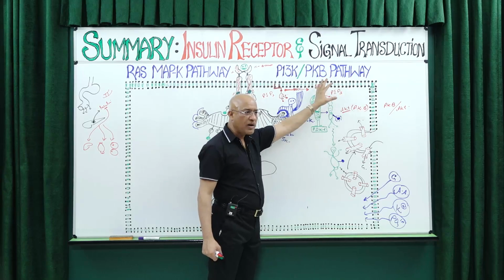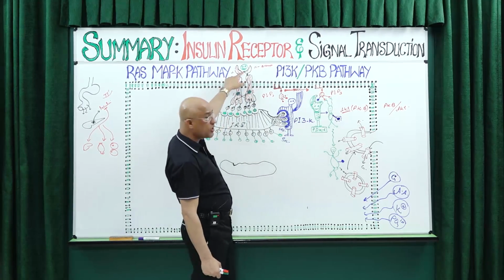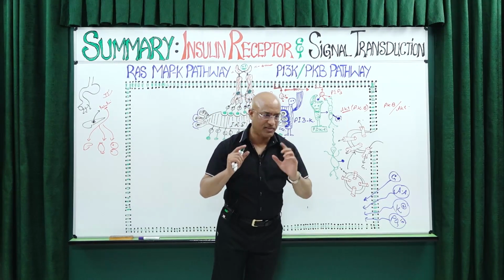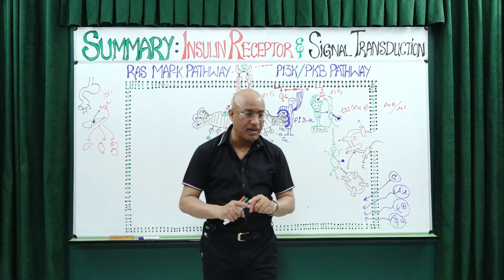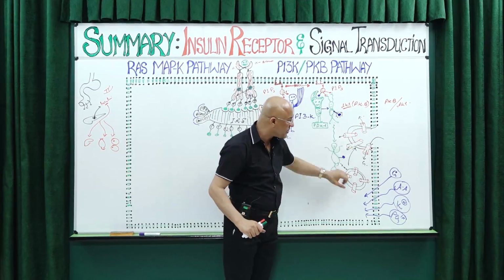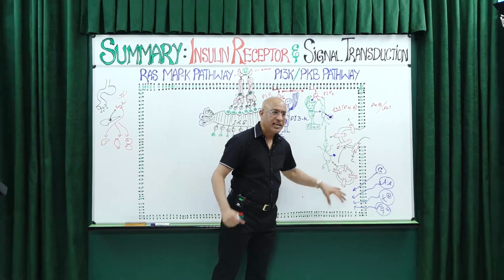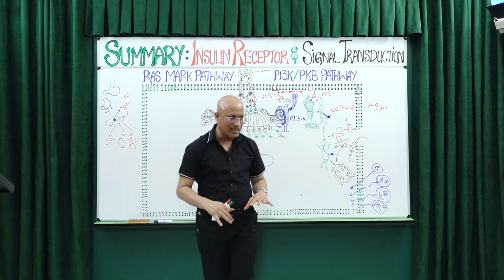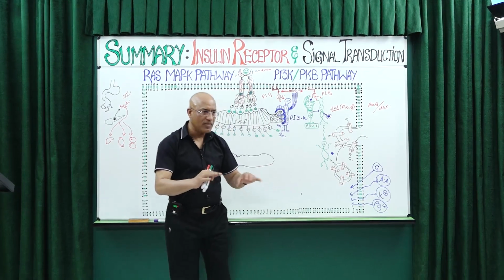Is that right? Within seconds to minutes of insulin binding here, membranes change their characteristics, and a lot of glucose, amino acids, potassium and phosphate start jumping into cells. Any question up to this?